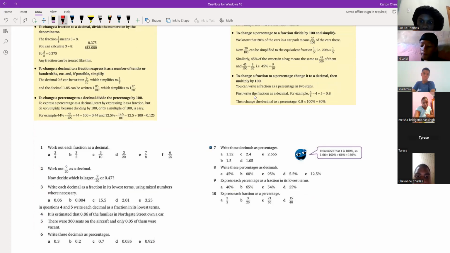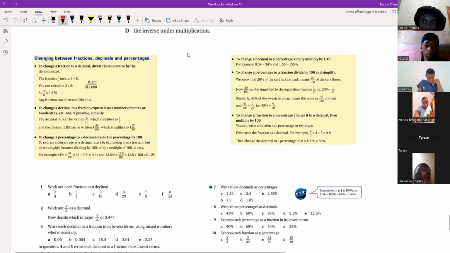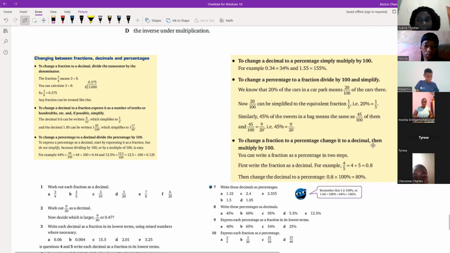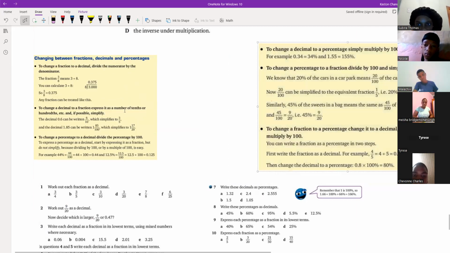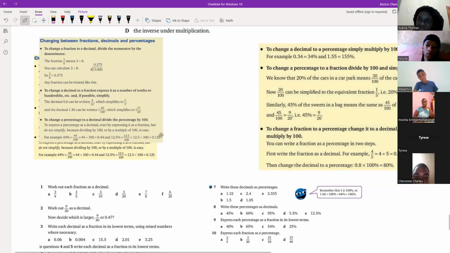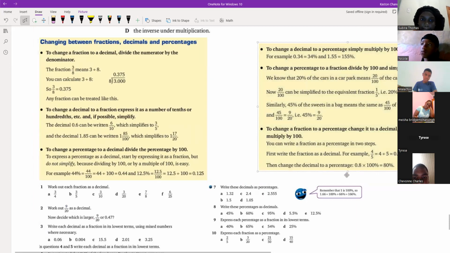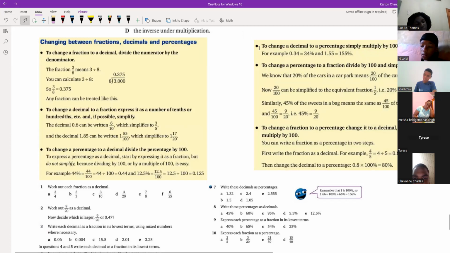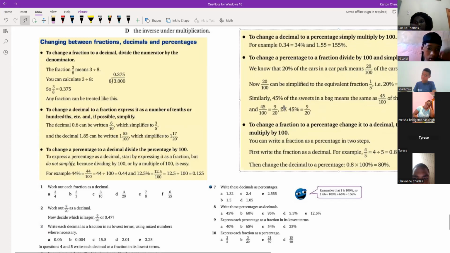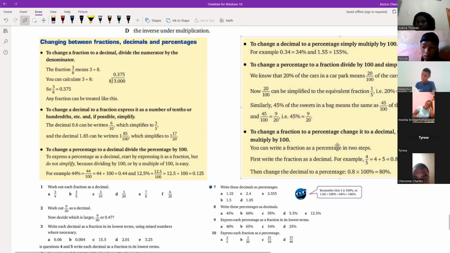So next thing we want to look at is our fractions. Everybody see now clearly?